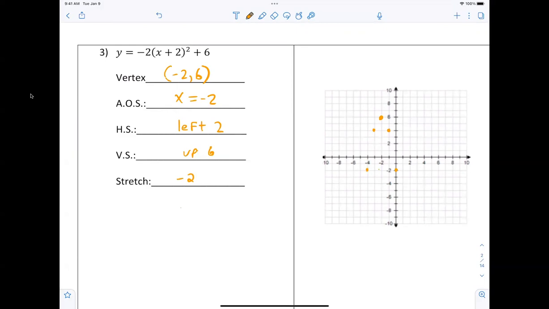And then you can sketch your graph. And then if you want, you can draw your axis of symmetry in there. That's not too bad, right? Anybody have any questions right now?